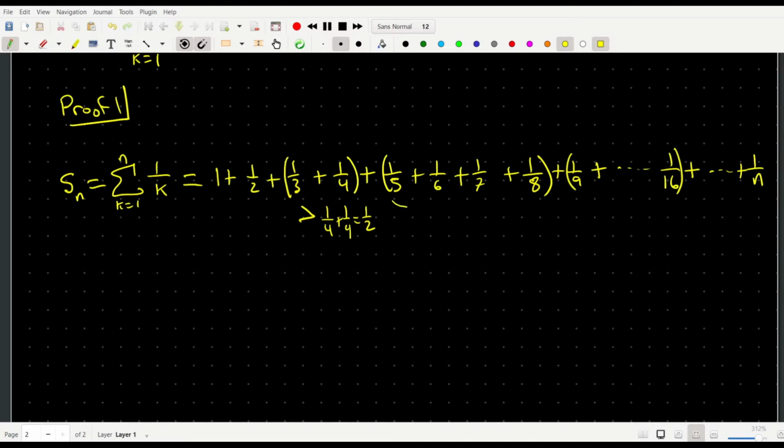Same thing here. This term right here is greater than 1/8 plus 1/8 plus 1/8 plus 1/8, or 4/8, which is also equal to 1/2. This term right here is greater than 8 over 16, which is again equal to 1/2.